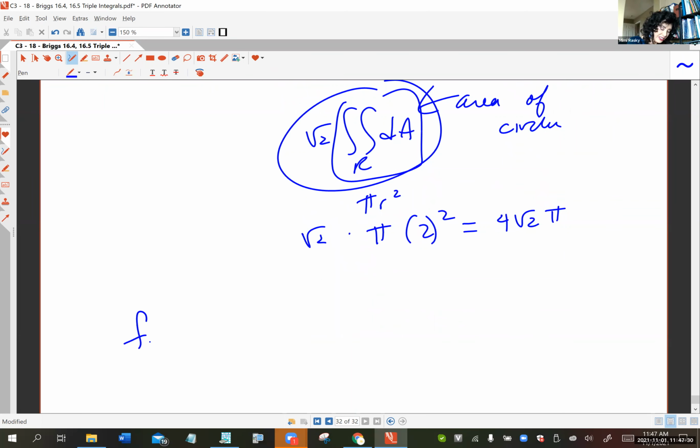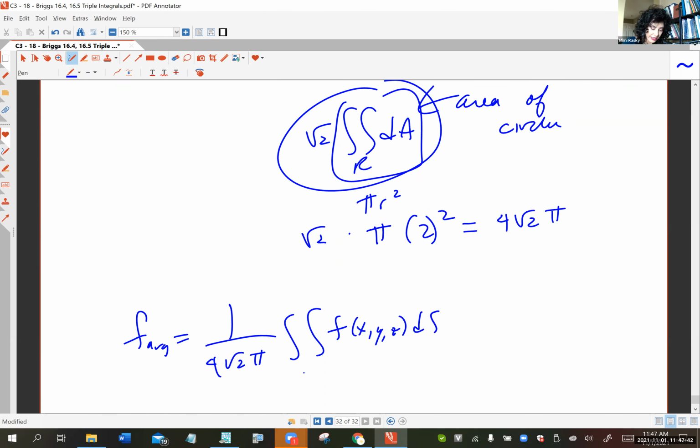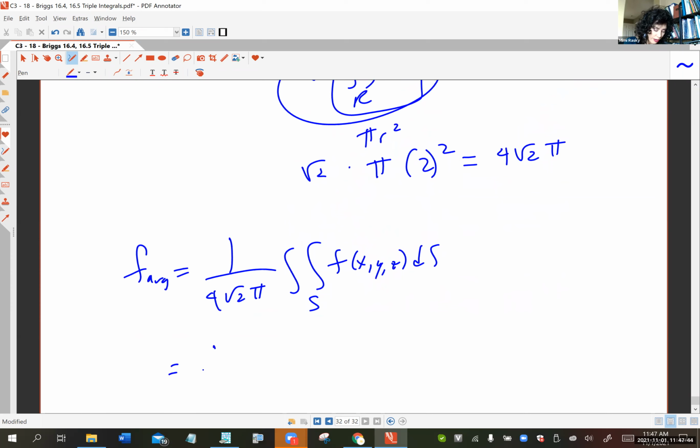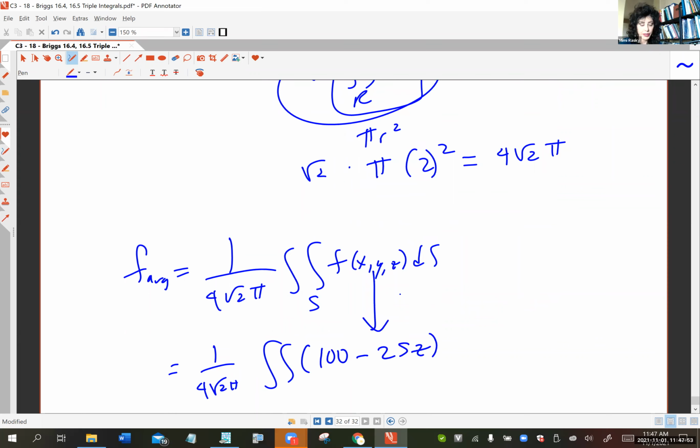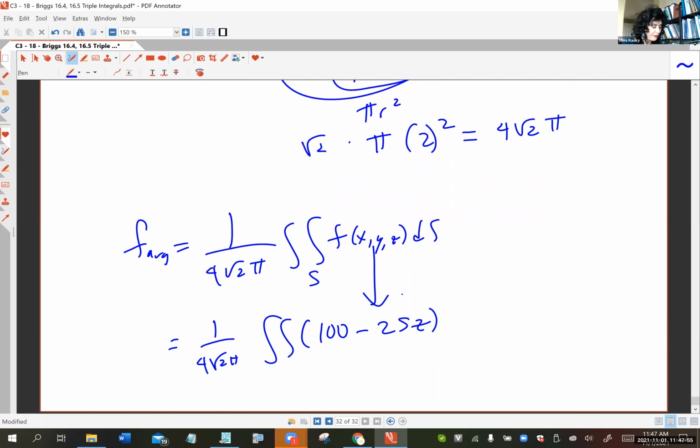So the F average is going to be 1 over the surface area of the cone times the double integral of your f of x, y, z dS, like this. Oh, now what? You're going to put your 100 minus 25z in there, whatever they gave you for the F. Now remember, this dS is the surface area element.